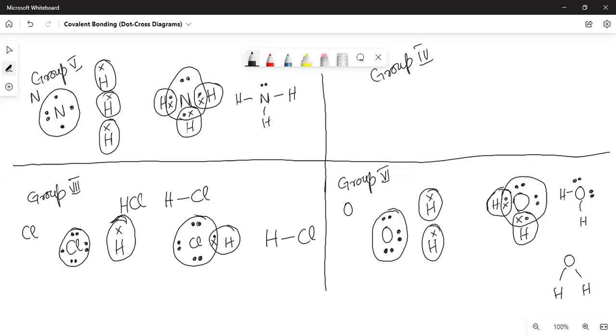So take a look at the circle of nitrogen. It has 8 electrons: 3 crosses and 5 dots in the central diagram. So in nitrogen, the first shell will be having how many electrons? Actually, the first shell of nitrogen has 2 electrons.